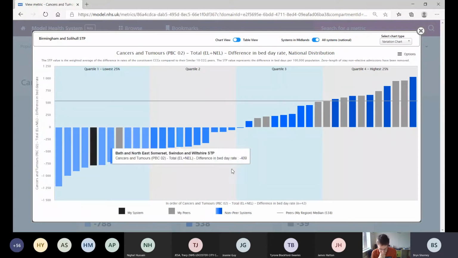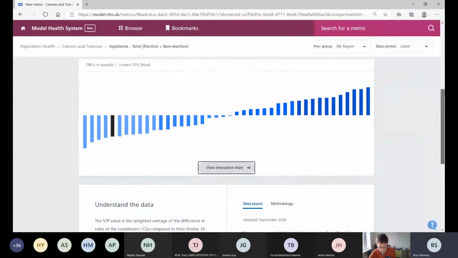And as I say, I'll come on to the cancer compartment in a moment and show some of the other pathway information that might be used to triangulate, to see whether that's what would be expected or whether that's something to explore further.